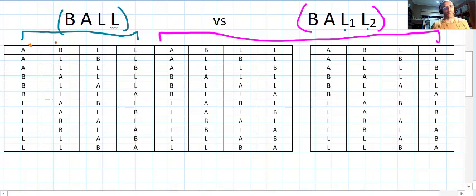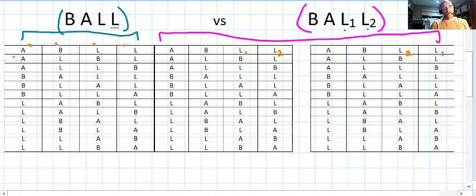One of the arrangements could be A, B, L, L. Now if we look at the distinguishable arrangements, we've got A, B, L, L, but we have to put in sub 1 and sub 2. There is another separate arrangement, I should say more accurately, if we put 2 then 1.